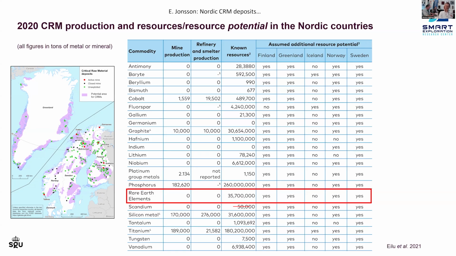When we subtract Greenland, we are down not to double-digit millions, but single-digit millions. Still very significant resources in a European context, and I would be extremely surprised if the first actual functioning primary production mine of rare earth elements in Europe was not in the Nordics.